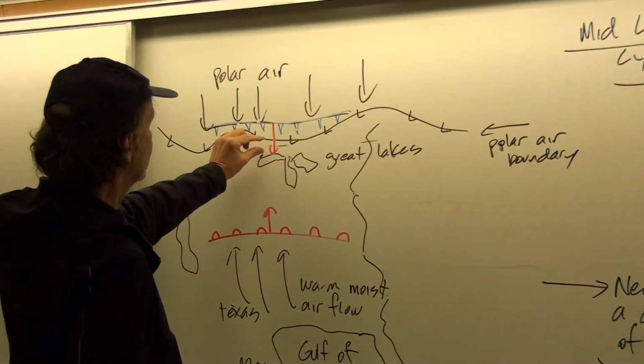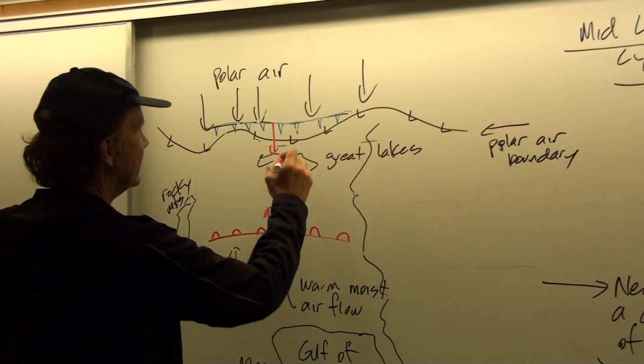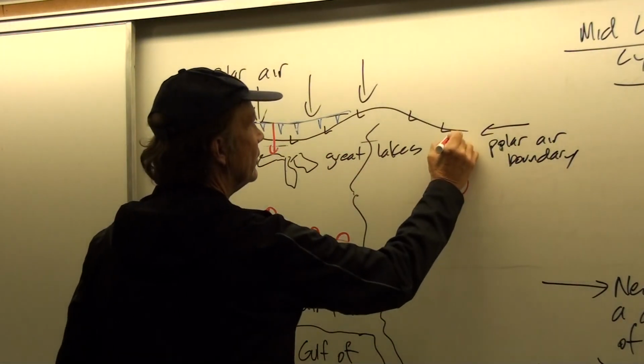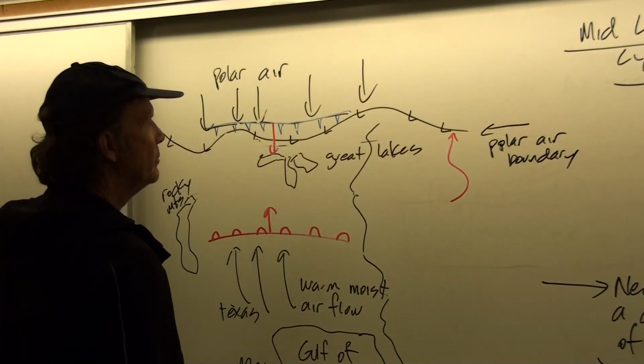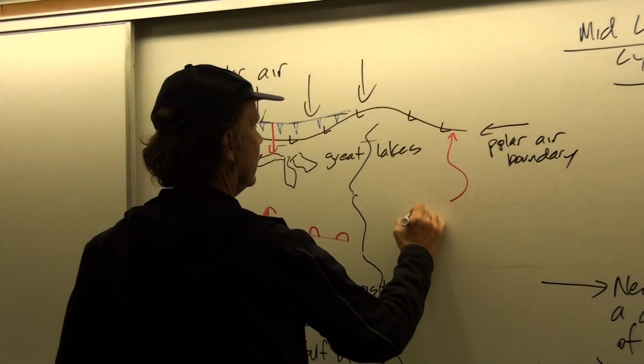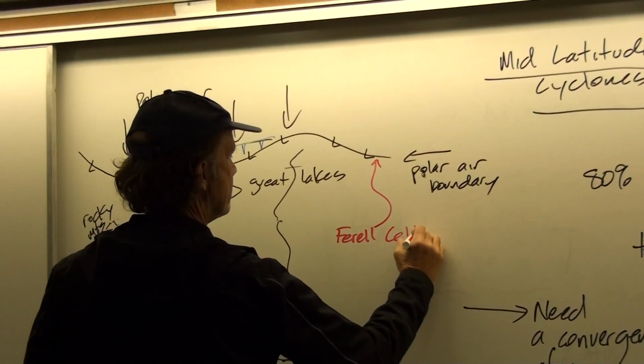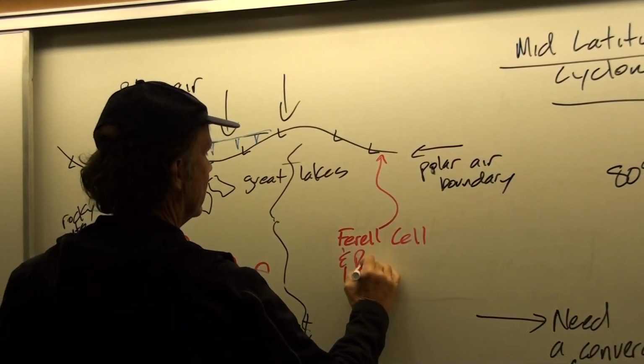And the other thing, which tends to be the kicker here, is we have this region of low pressure, which is at the boundary between the Ferrel cell and the polar cell.